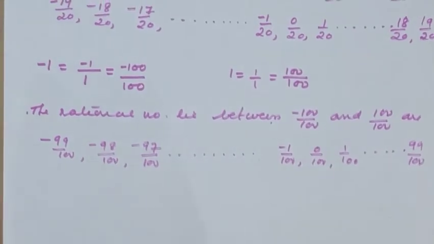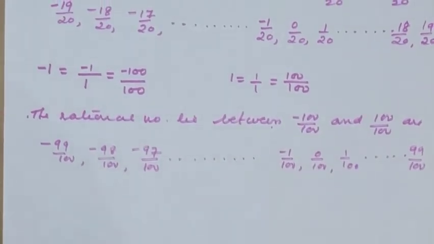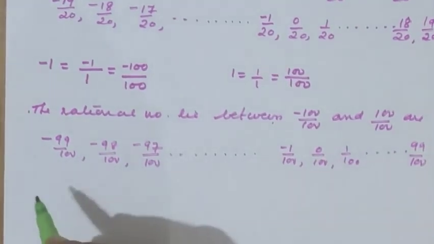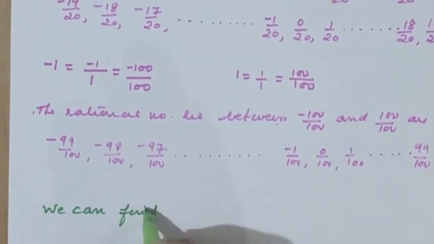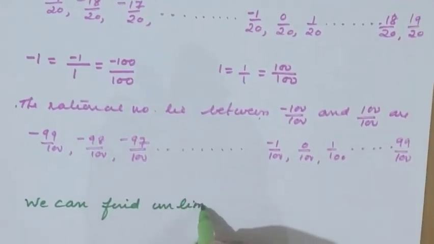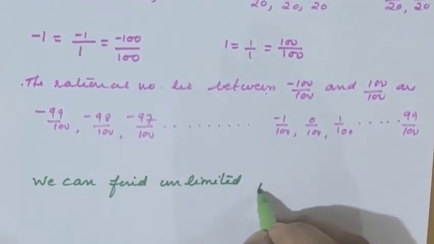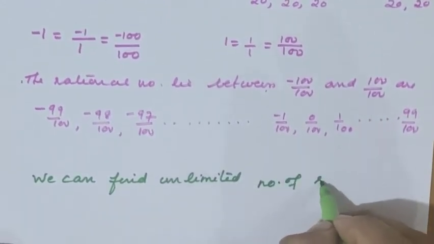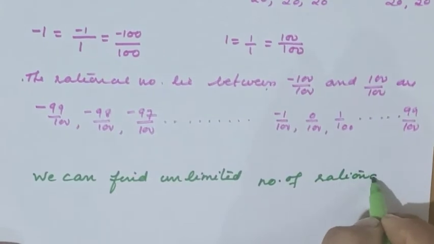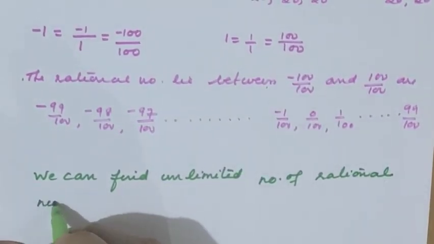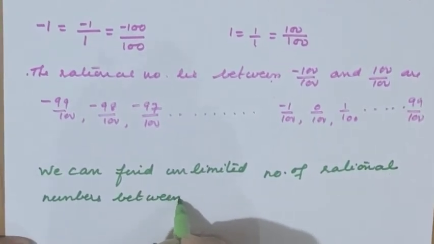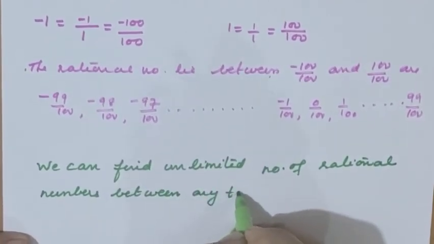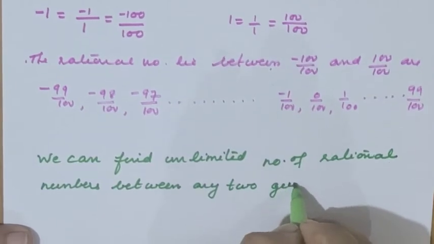We can find unlimited number of rational numbers between any two given rational numbers.